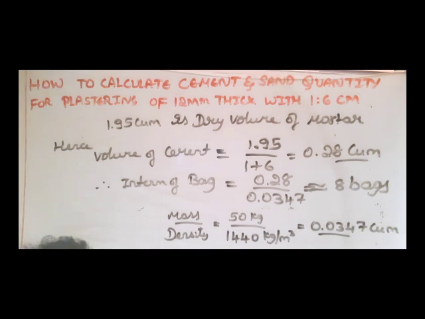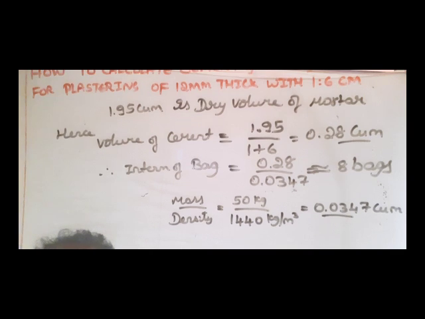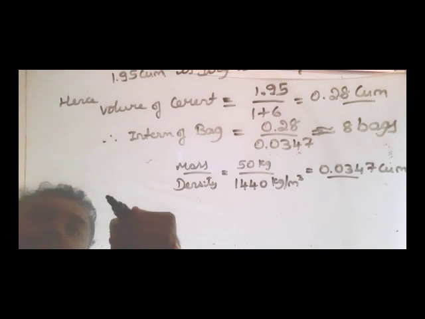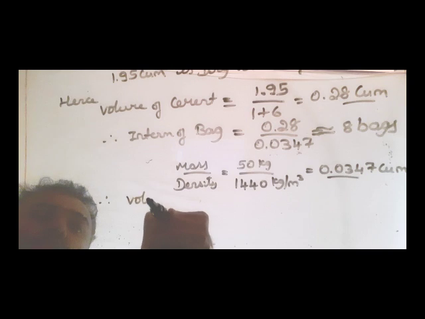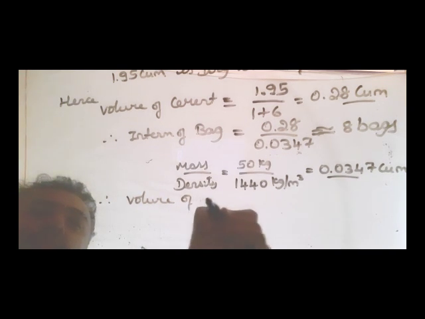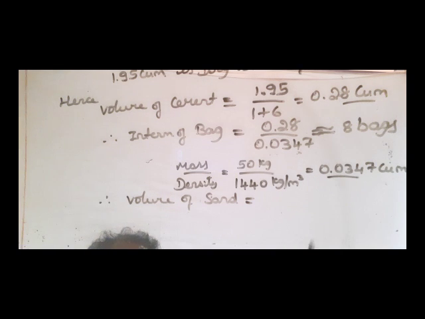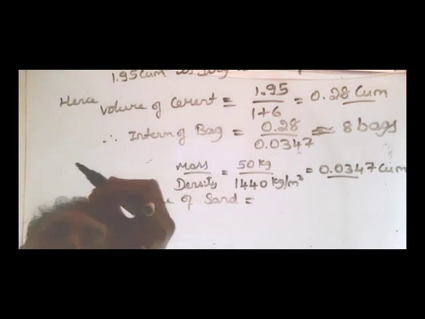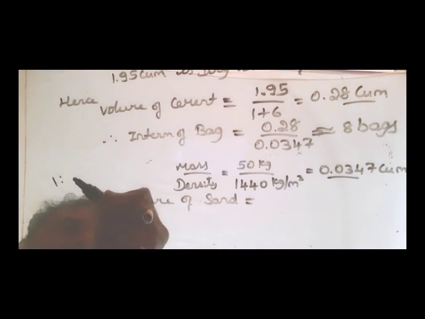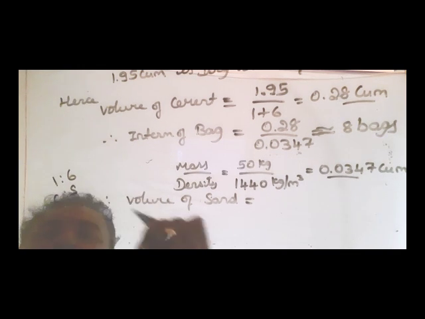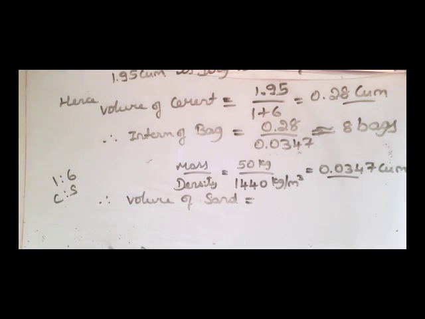Now we got the volume of cement. Now we have to find the volume of sand. Therefore, volume of sand is equal to, what is the ratio they are given? That is 1:6, right? 1:6 is nothing but cement to sand.